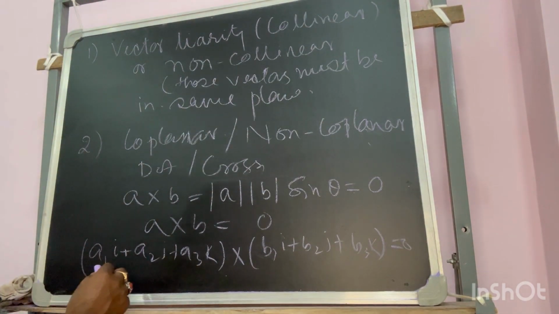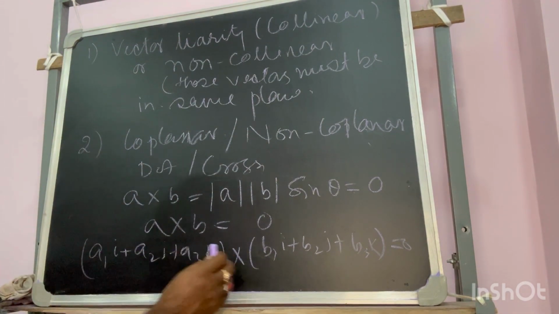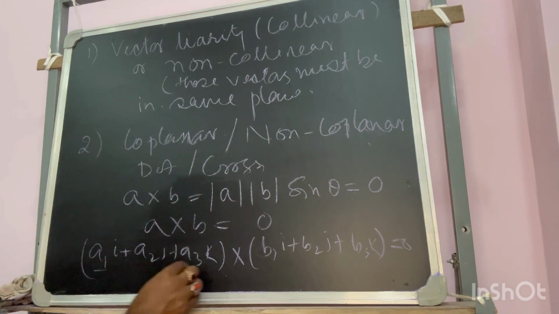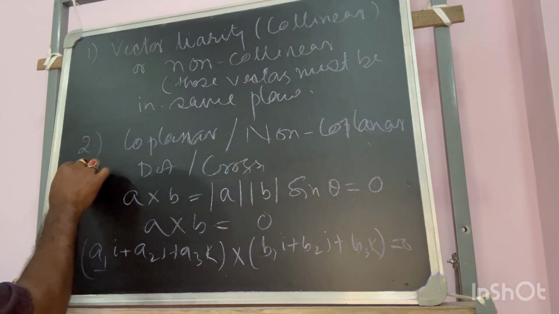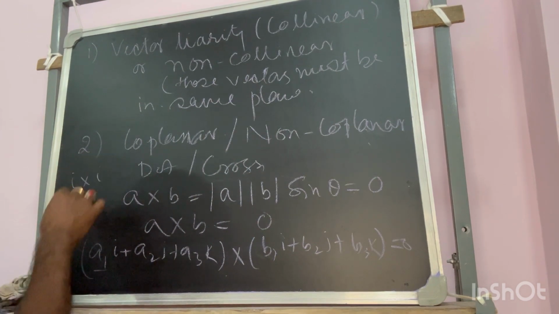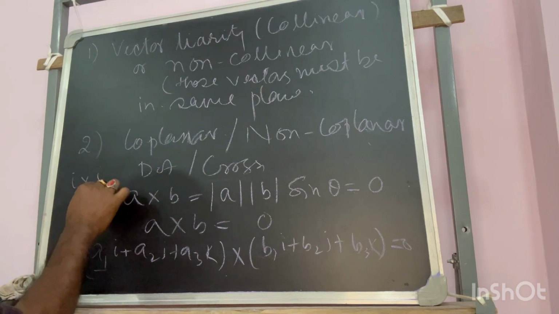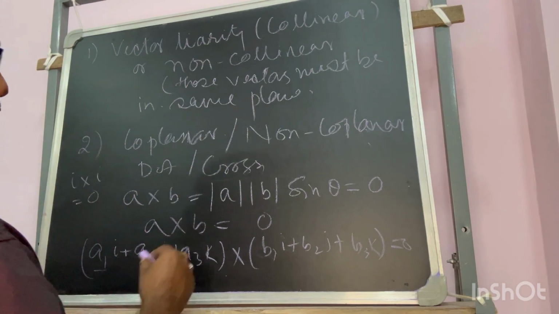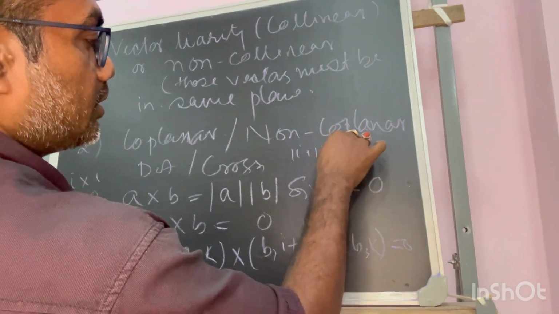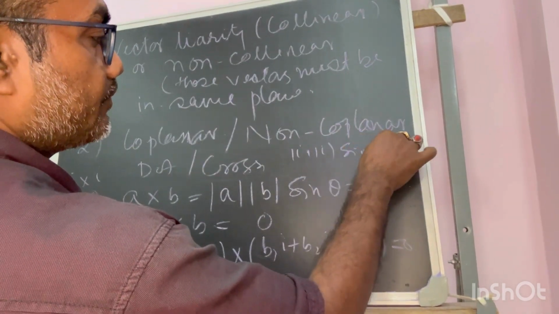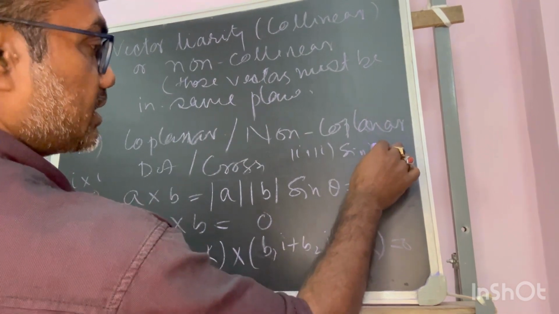Now if I multiply, each term has to be multiplied one by one. So i cross i, the cross product of similar vectors, has to be 0. Why? Because i cross i is equal to the magnitude of i times the sine of the angle in between, so sin 0 is equal to 0.